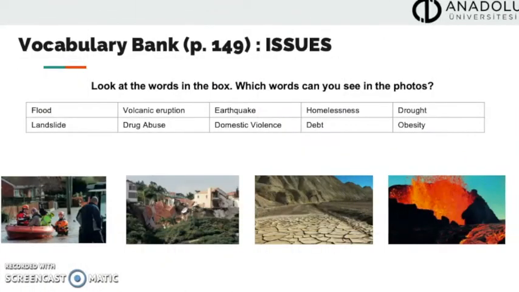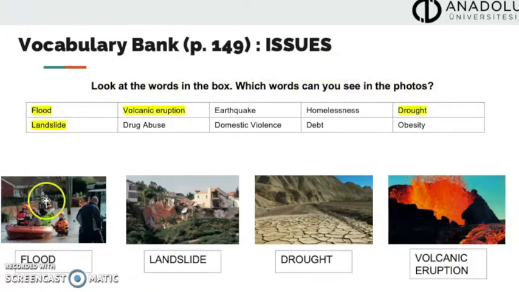Okay, now we are going to take a look at the words in the vocabulary bank, which is on page 149 in your books. First of all, we're going to take a look at some pictures. There are 4 pictures here, as you see, and there are some words. Which words can you see in the photos? Now pause your video for a while and decide. Okay, in the first picture we see flood.